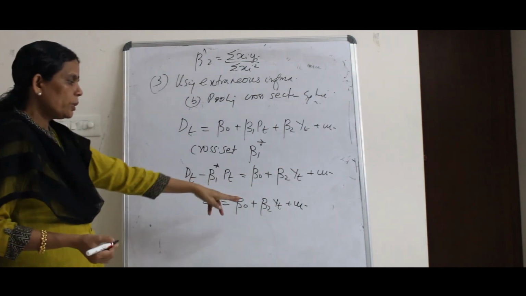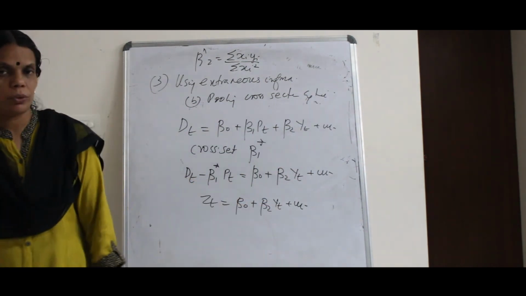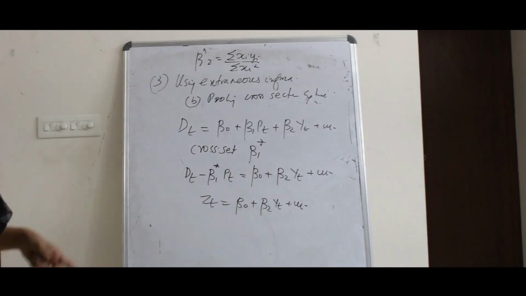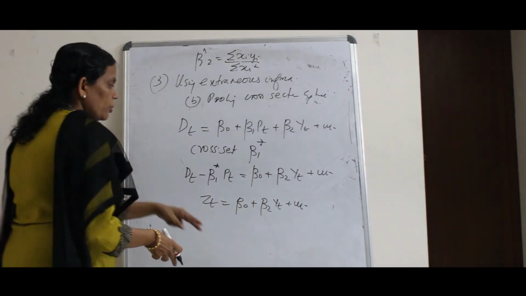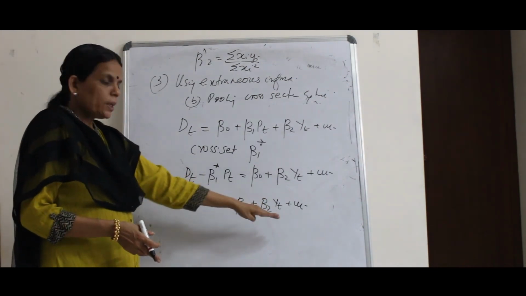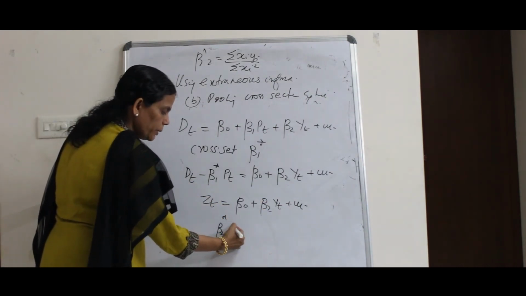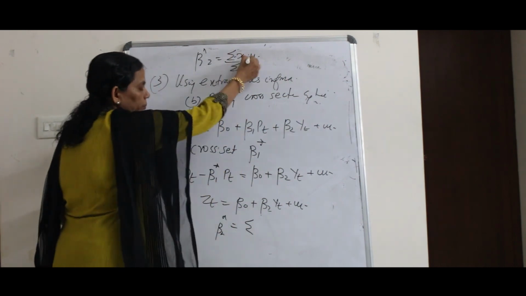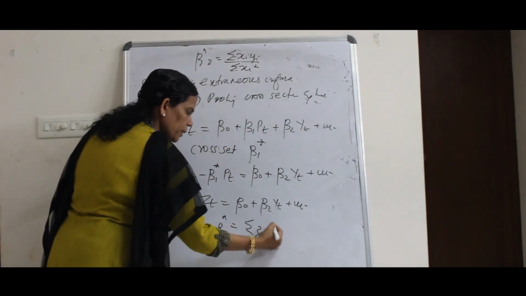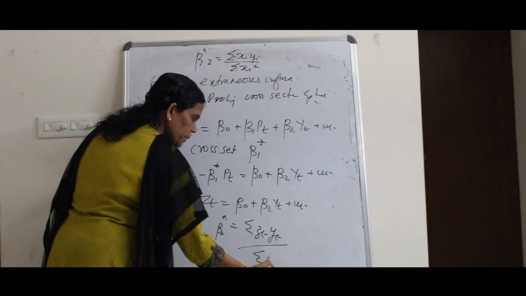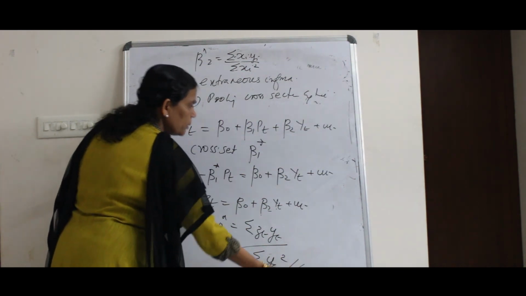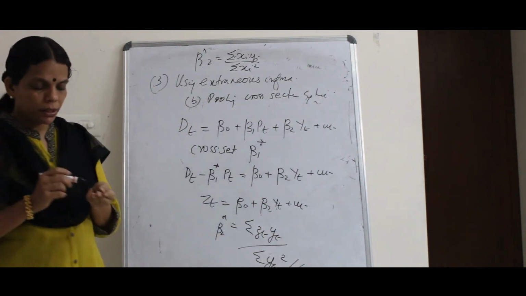Now you want to estimate the income coefficient. It's time series data, so you can use the time series to find the value of beta 2. So beta 2 hat will be equal to sigma xy divided by sigma x squared. That's the second method.